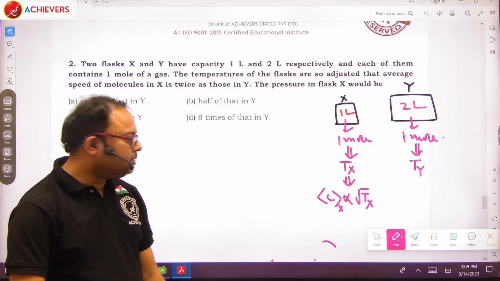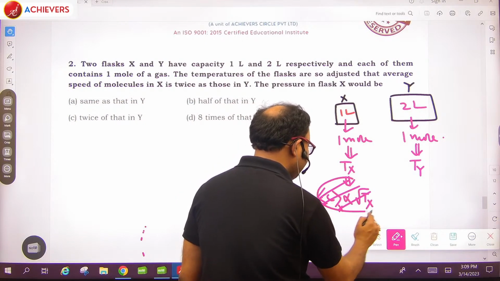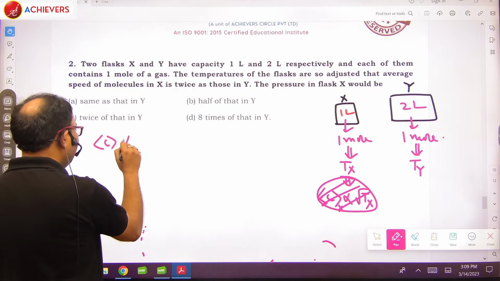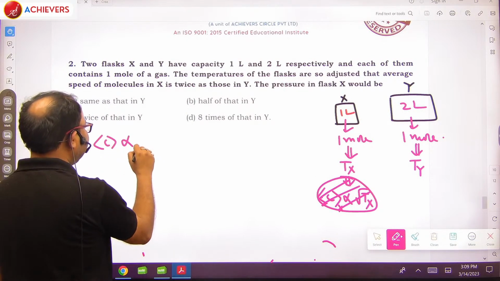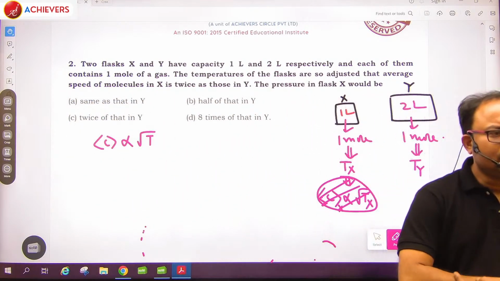Let's write it in a different manner. Basically, average speed or root mean square speed, everything is proportional to the square root of temperature. You already know that.